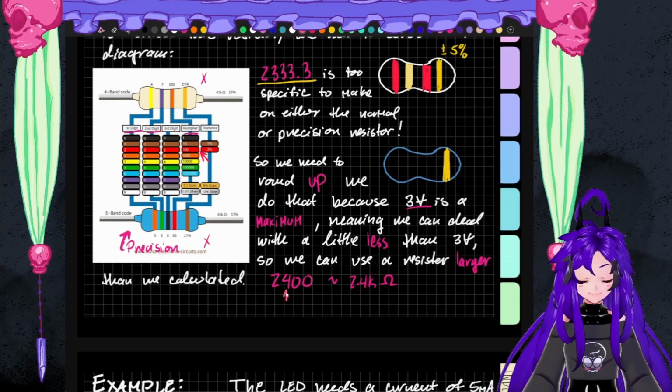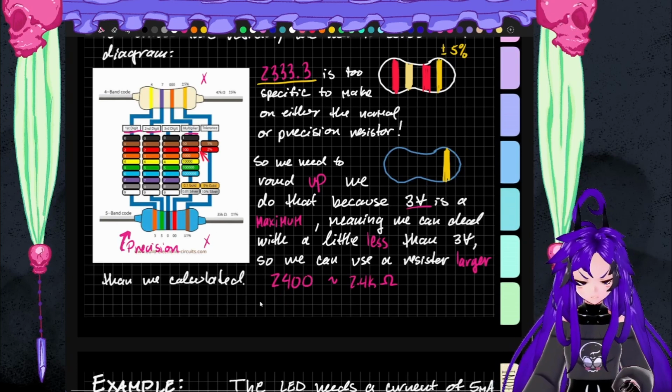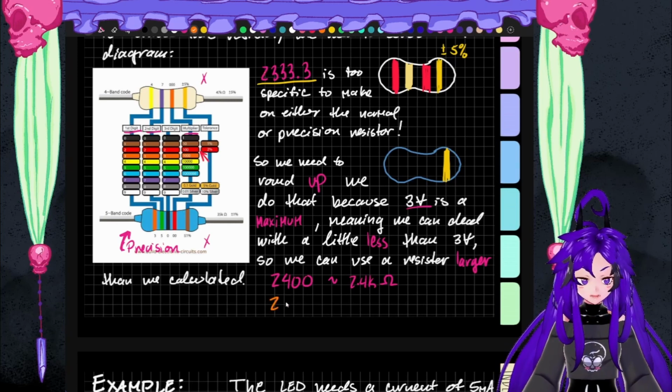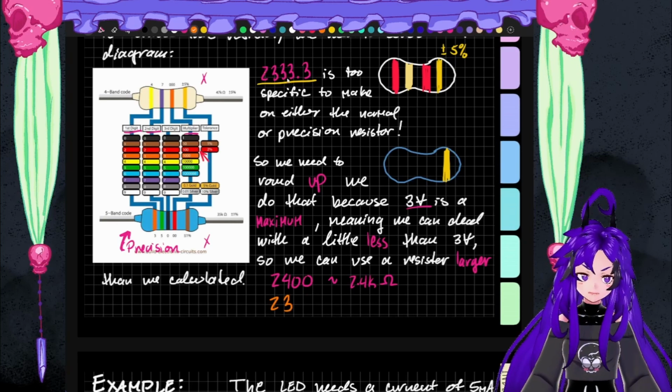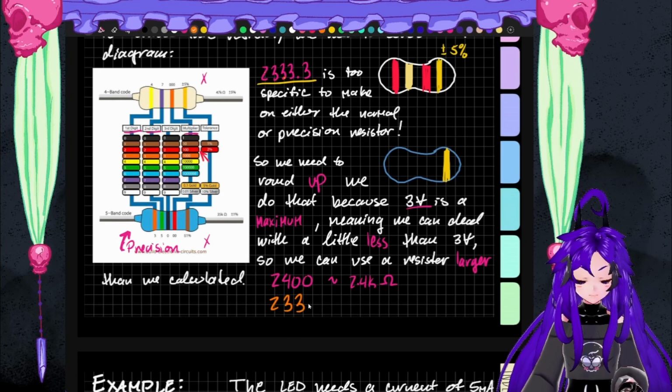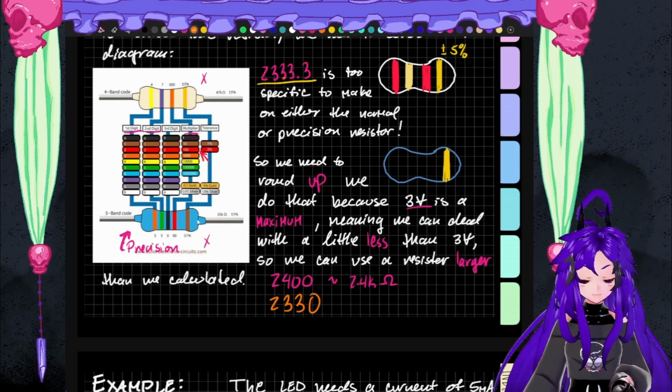At the hundreds digit, we can round at the tens digit because we have 3 digits and a multiplier. So for the precision one, the first digit is going to be 2 because that's the same. Then we can pick 3 because we don't have to round this one. Then we do have to round the third digit up. So we're rounding at the tens digit. So we now only need 1 zero to fill.